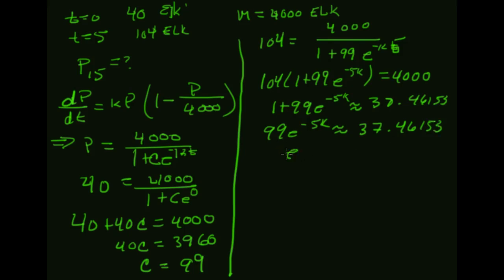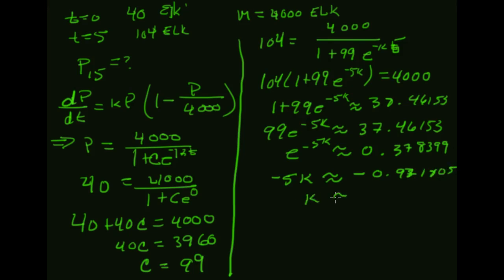If I divide by 99, e to the negative 5k is approximately 0.378399. We take the natural log of both sides, which means negative 5k is approximately negative 0.971805, which means that k is approximately 0.1943610. I'm going to divide both sides by 5.